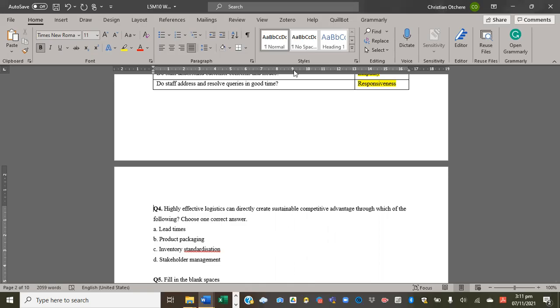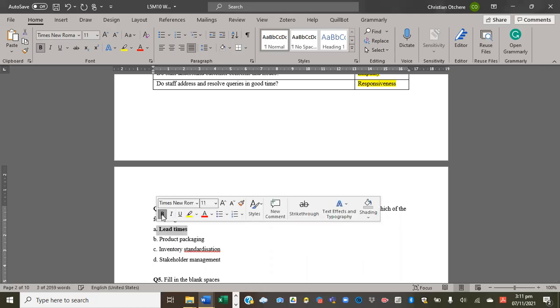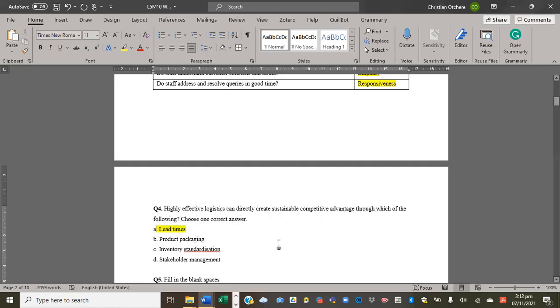I think Tony also agreed, and I think the rest, yes, because that's the objective of logistics, to deliver goods on time to customers. So lead time is a source of competitive advantage, minimizing lead times.